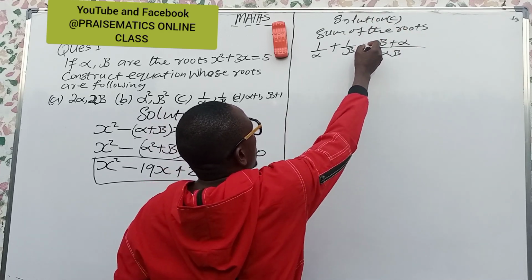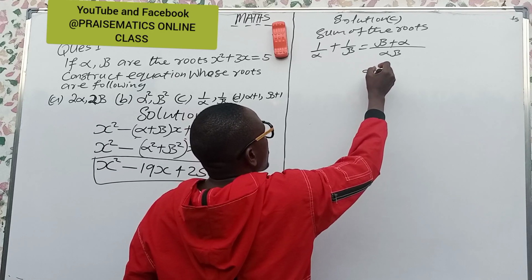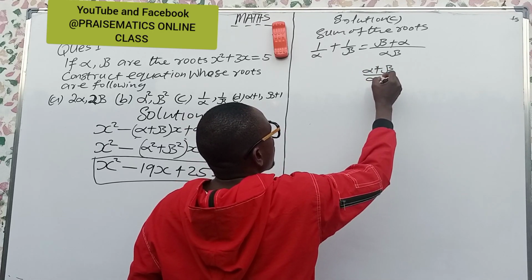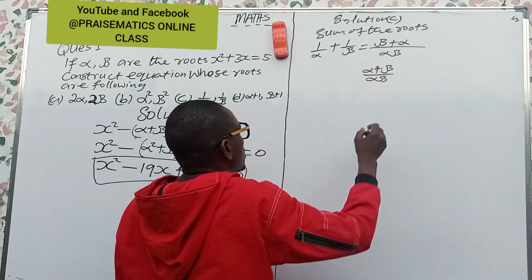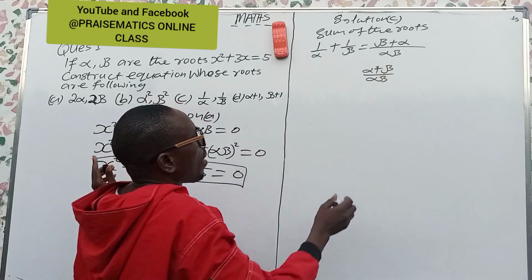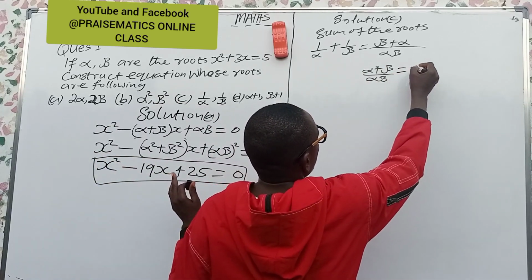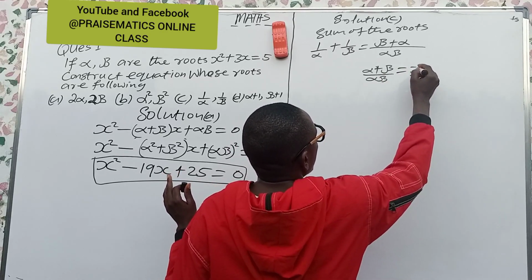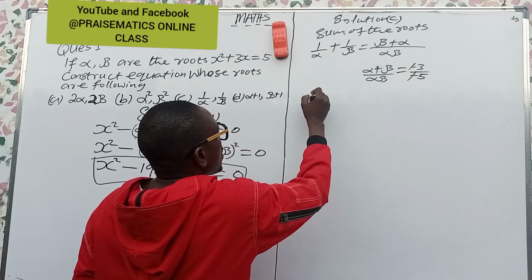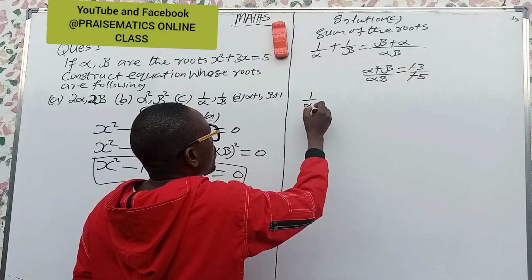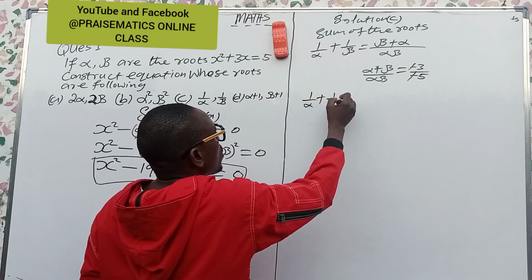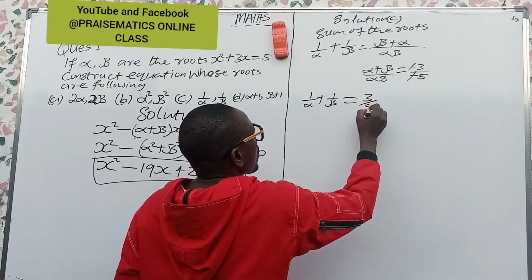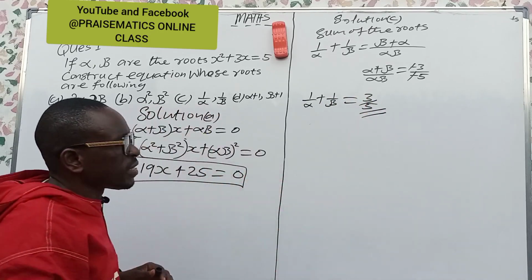This is the same thing as alpha plus beta over alpha beta. Always remember from the equation that alpha beta is equal to minus 5. Minus will cancel. Finally, 1 over alpha plus 1 over beta is equal to 3 over 5.